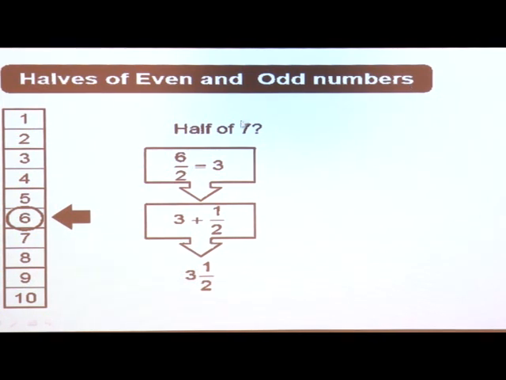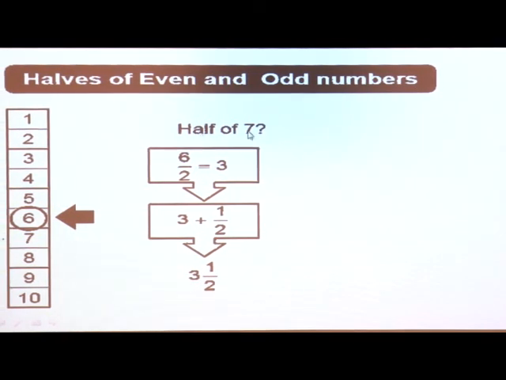Now we have to see how to find half of 7. Where does the 7 lie? Just imagine 1, 2, 3, 4, 5, 6 and up to 10; the 7 lies after the 6. So what we have to do? In the previous example we saw that you write the even number, which should be divided by 2.